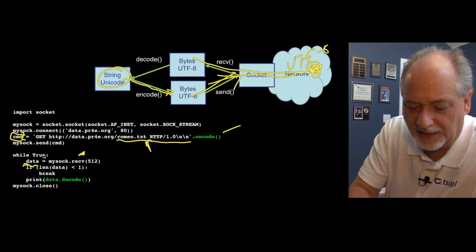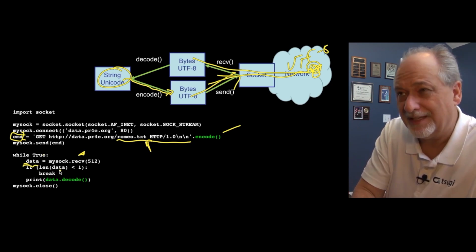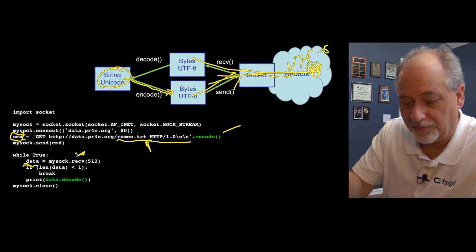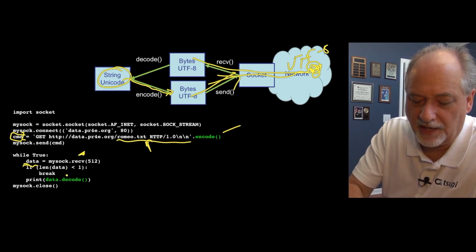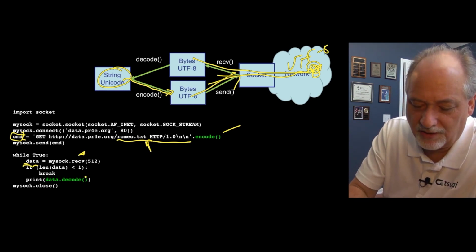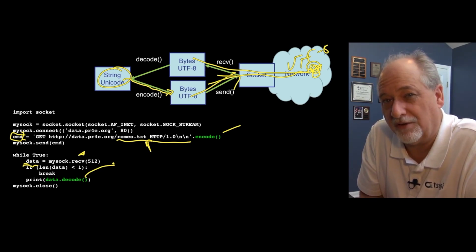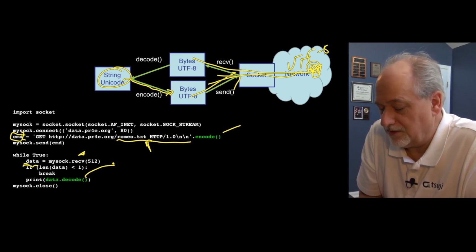We get back our thing, and we receive into data. Well, data is bytes, not string. It's bytes. We can say how big it is. The len function works kind of like on a string, except that it is 1 byte per character, which means some of it might be UTF-8. And then all we have to do is say decode. Again, if you were dealing with a situation where you weren't expecting it to typically be UTF-8 or ASCII, you could tell it UTF-16 or something, and it's more complex.